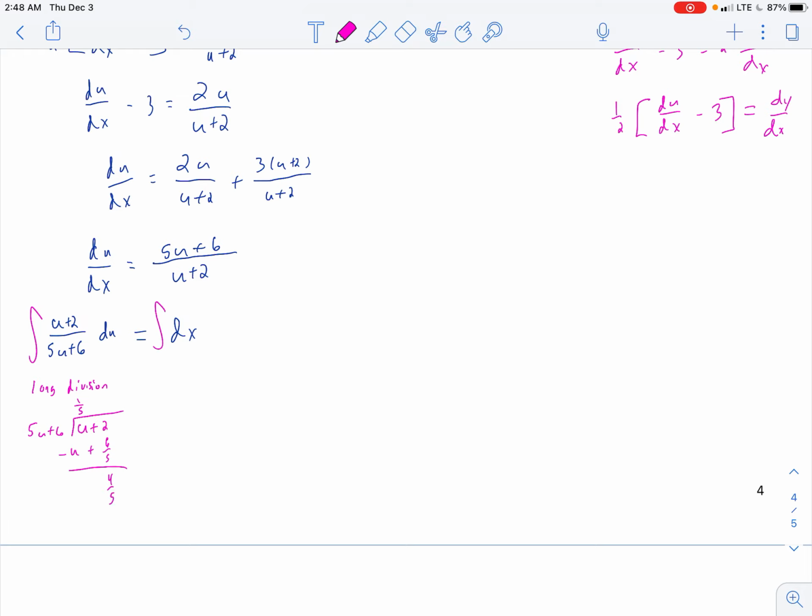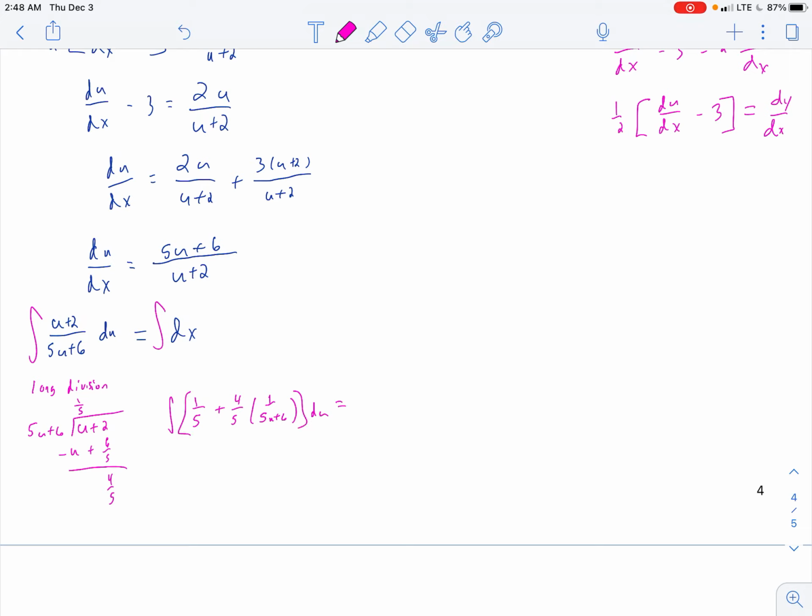So then when I write out my integral, I'm going to have the integral of 1/5 plus 4/5 times 1/(5u + 6), and then I'm going to put the du on the outside.